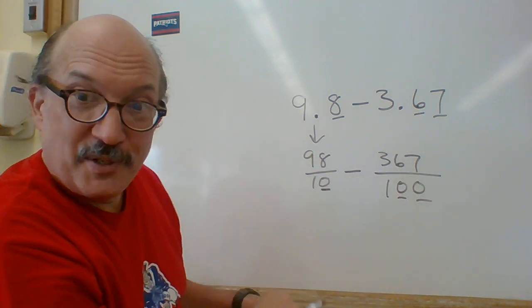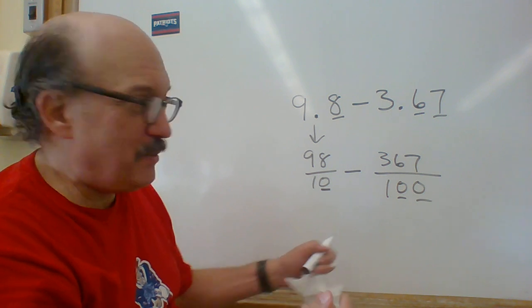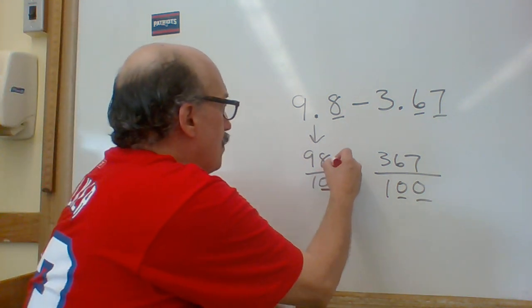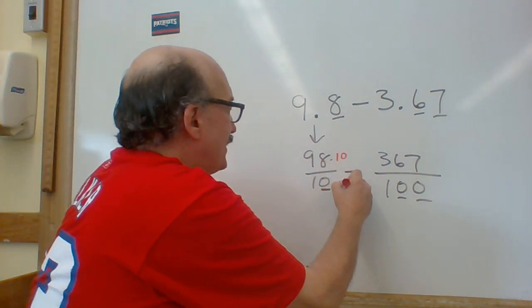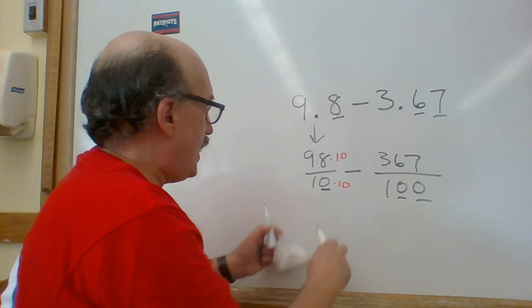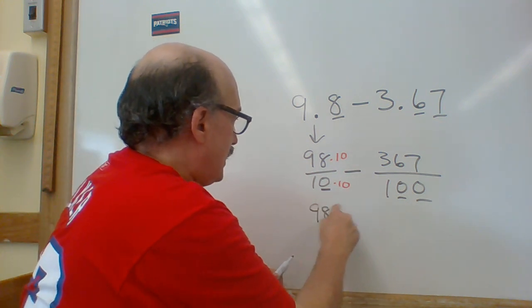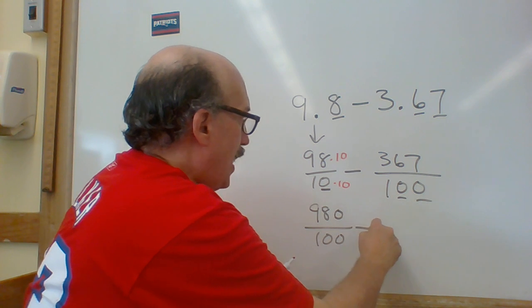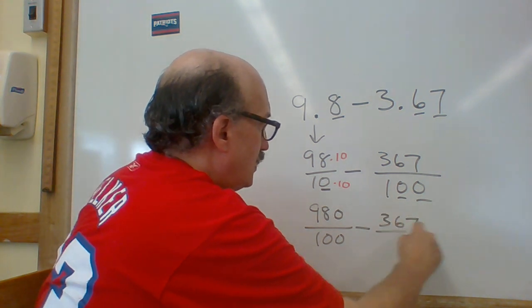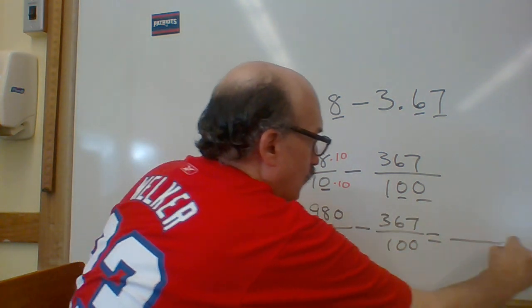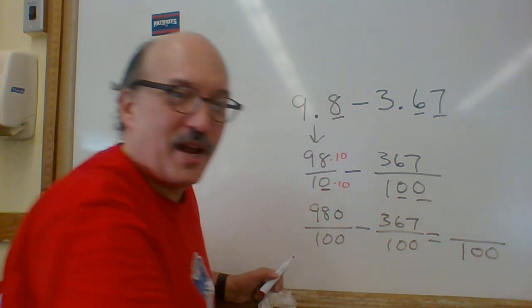We don't have a common denominator. The common denominator, of course, can be 100. We multiply the top and bottom by 10 here and get 980 over 100 minus 367 over 100. Now, of course, we never add or subtract the denominators.